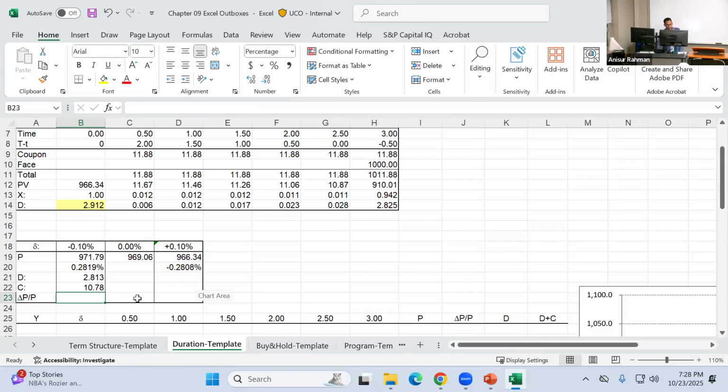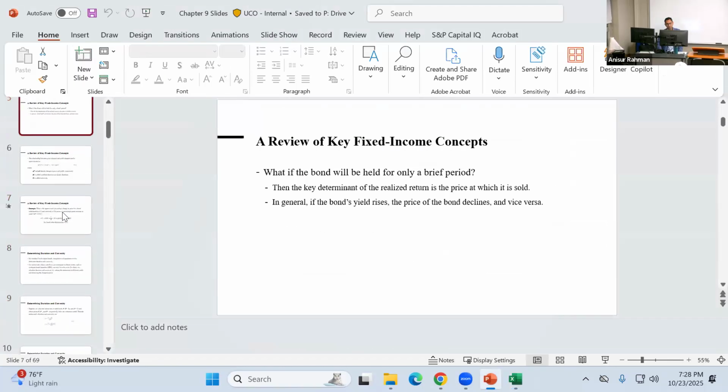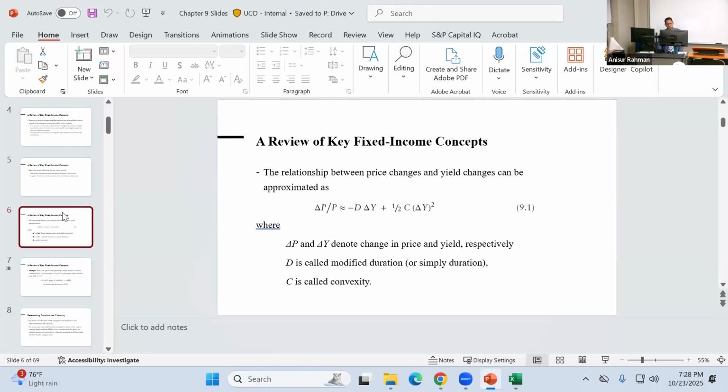Now, based on these, how can we find out percentage price change? Remember the formula, the original? So this is how to find out percentage change in price, right? Based on duration and convexity.